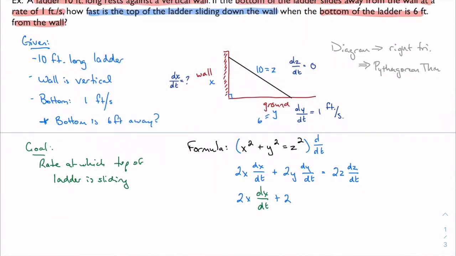But we know that at this moment y is 6 and dy by dt is 1. We know that z is 10 and dz by dt is 0. I'm off to a great start here, right? So 2x dx by dt plus 12 equals 0.